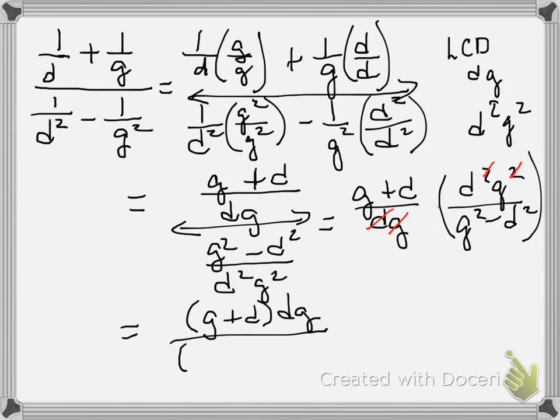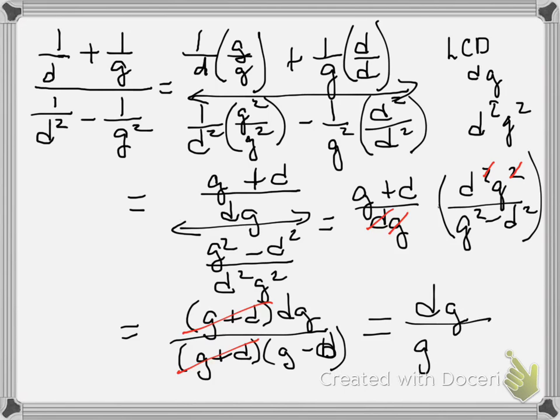Well, that's a difference of two squares, and factors into first plus second times first minus second. Again, I look at factors that I can divide out of both numerator and denominator, and that will be the g plus d's. So now I have my simplified answer, which is dg divided by g minus d.